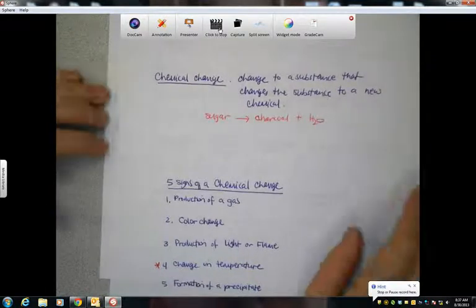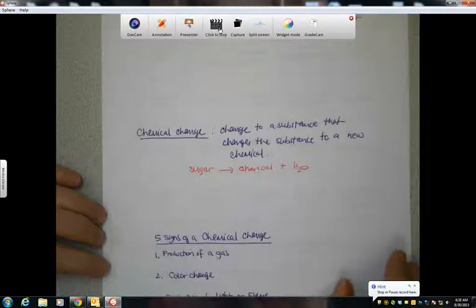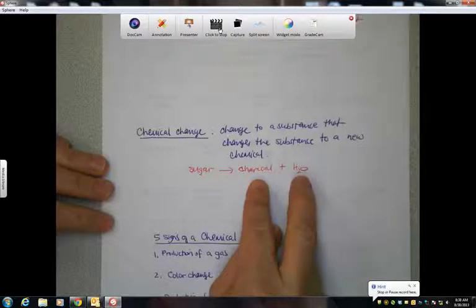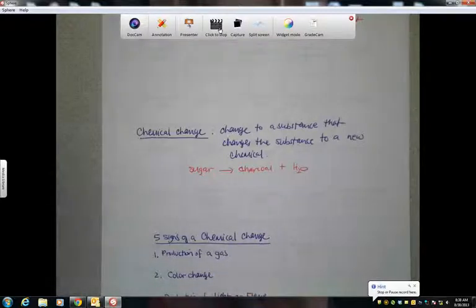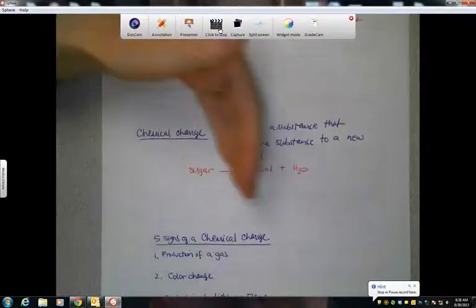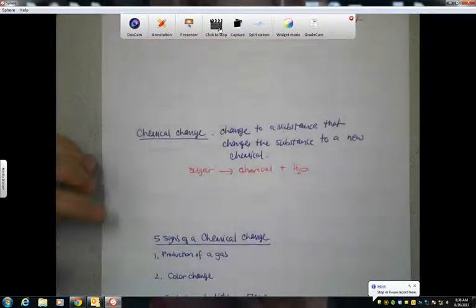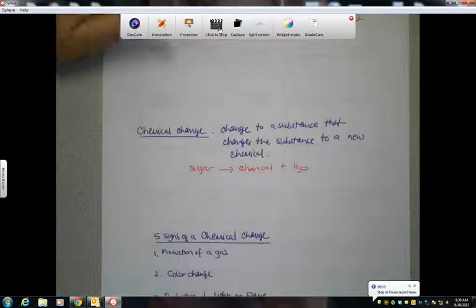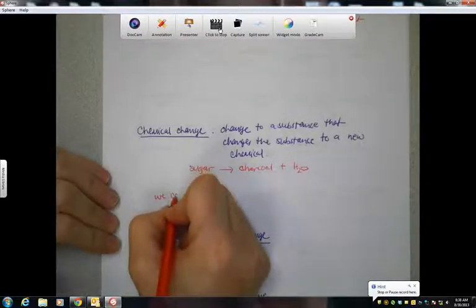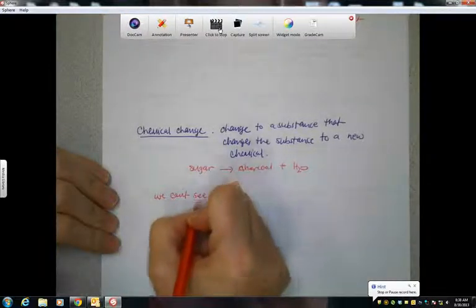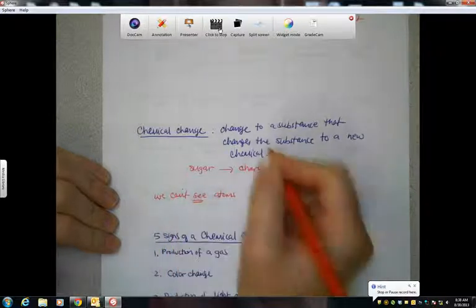So the problem with chemical change is that sometimes it's hard to tell. Like with the sugar going to charcoal and water, that was really obvious that a chemical change took place because you can see that there's completely new substances formed. Sometimes it's really hard to tell because we can't see atoms rearranging.